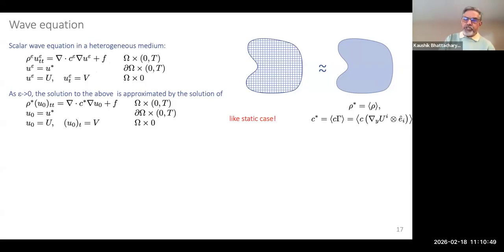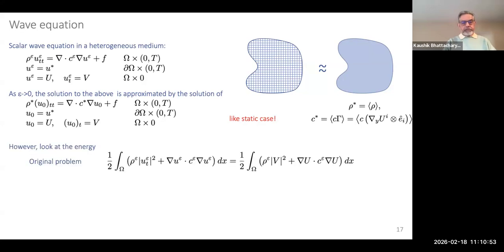But there's something kind of strange that happens if you look at the energy. If you look at the total energy in the system, that's given by this, right? So this is the kinetic energy, this is the elastic energy. And the wave equation conserves energy, so it should be completely given by your initial conditions, U and V, right?